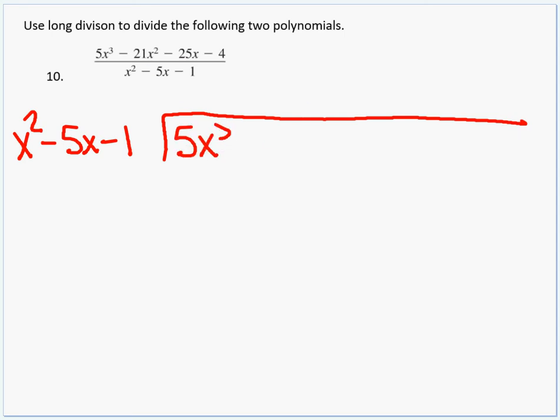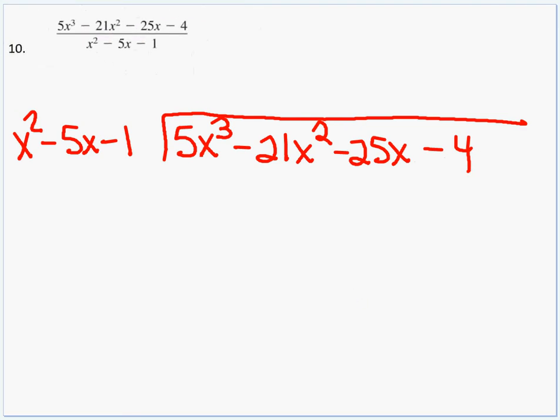Let's see, up on top, we want to eliminate 5x cubed. We've got an x squared, so we're going to multiply by 5x. And remember, we're going to distribute that 5x to all three of these terms. So that's going to be a 5x cubed minus 25x squared minus 5x.